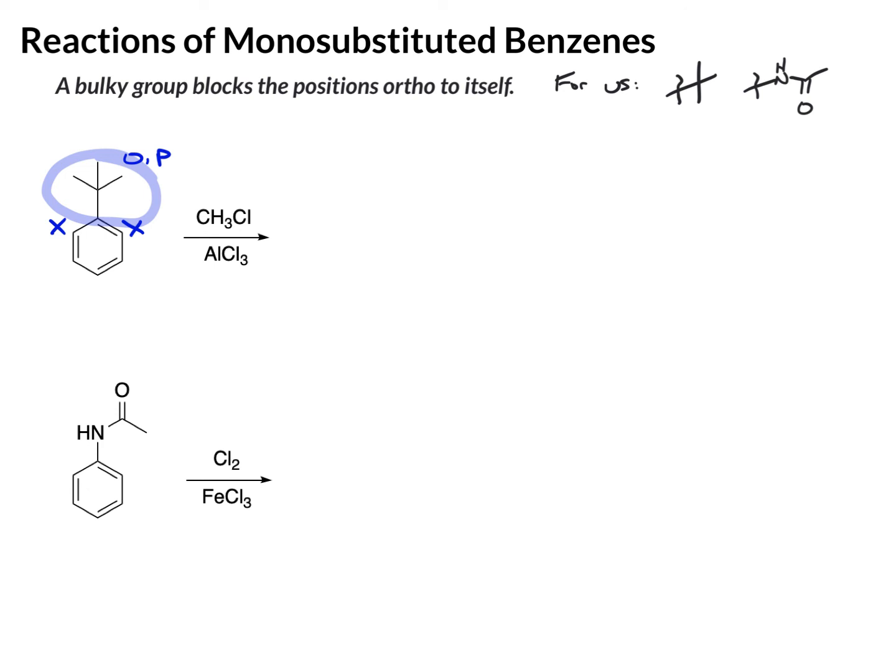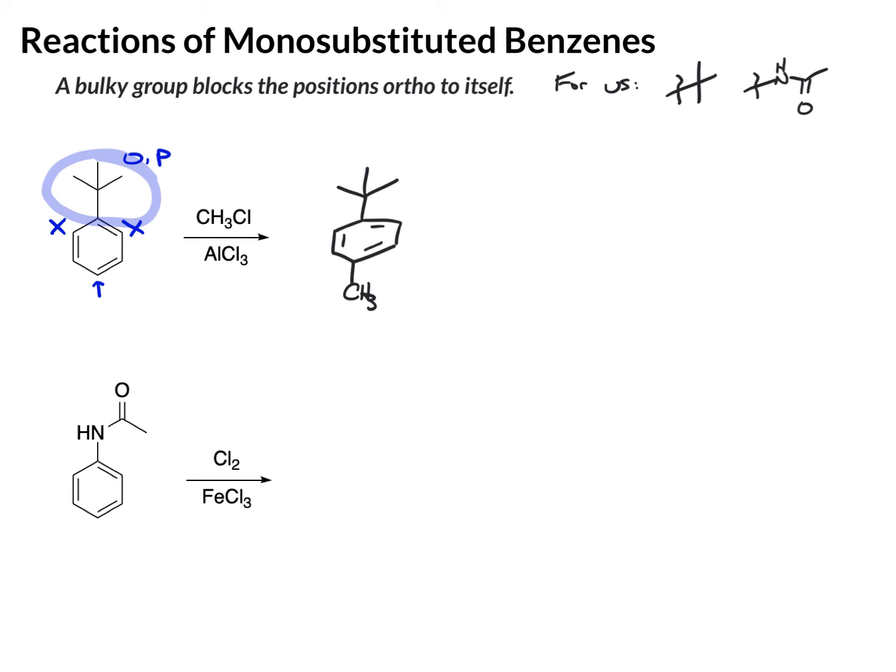So the only reactive position is the one para to it. So when we draw the product, we have our tert-butyl group, and then at the para position, this was a Friedel-Crafts alkylation, we'll get the methyl group.